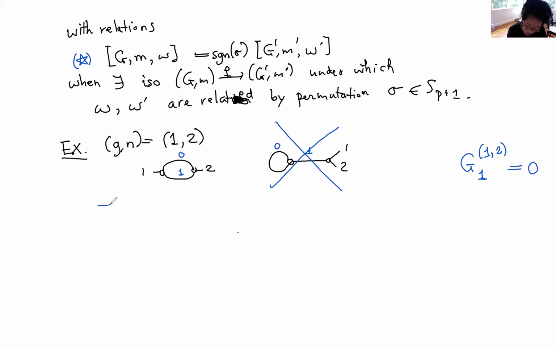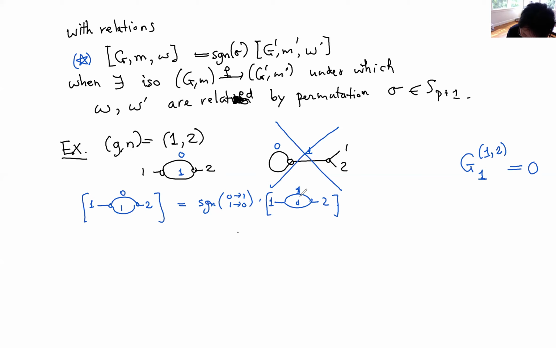Because you can see that there is an involution, an isomorphism from this marked graph with labels 0 on top and 1 on bottom, with the sign of the transposition 0 to 1, 1 to 0, times this same marked graph with the labels inverted.